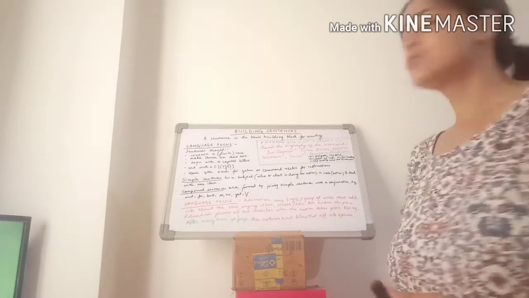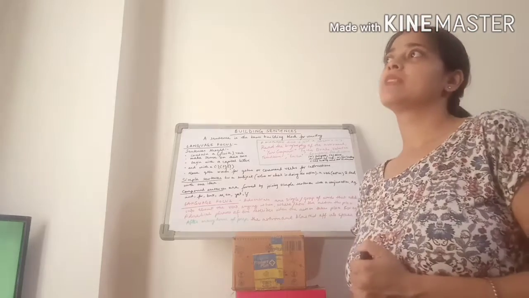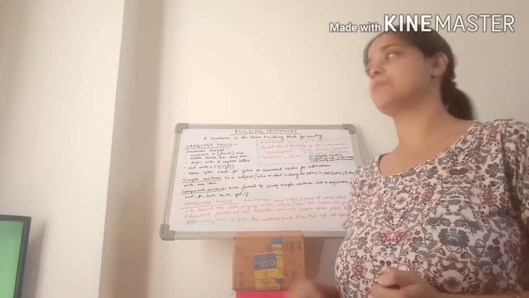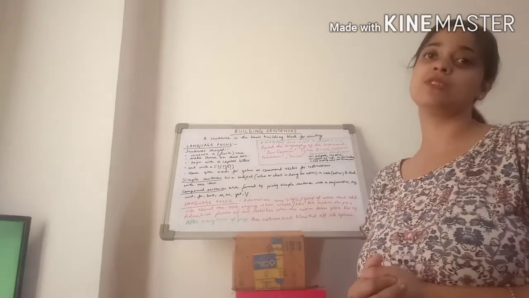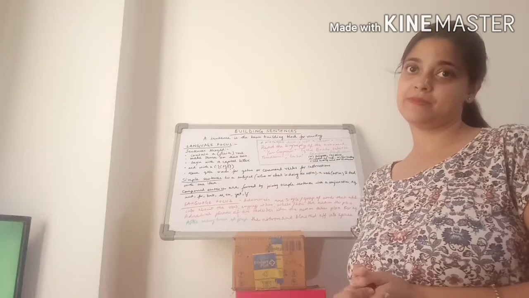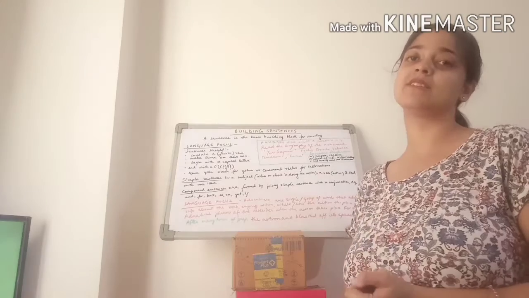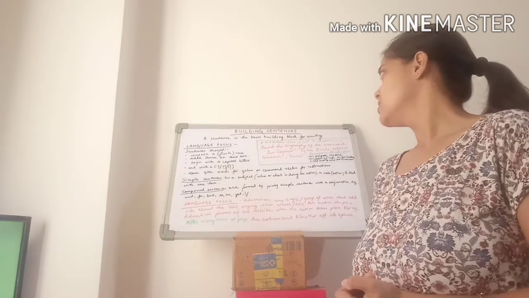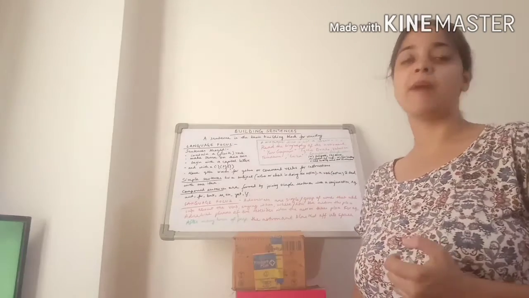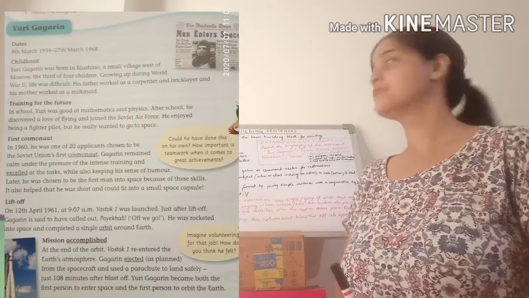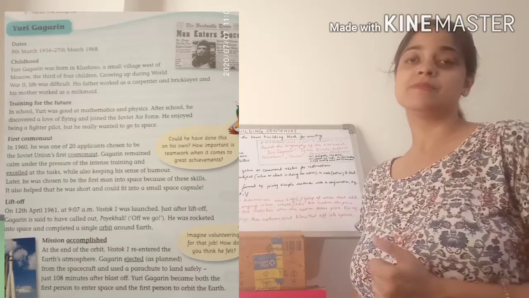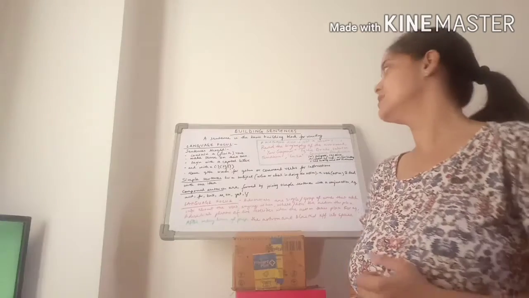Okay, so here in this part of the chapter you read about the biography of the astronaut Yuri Gagarin, a complete detail of his life. Read about his biography. Okay, it's in the book. You can also see it here in the box below.